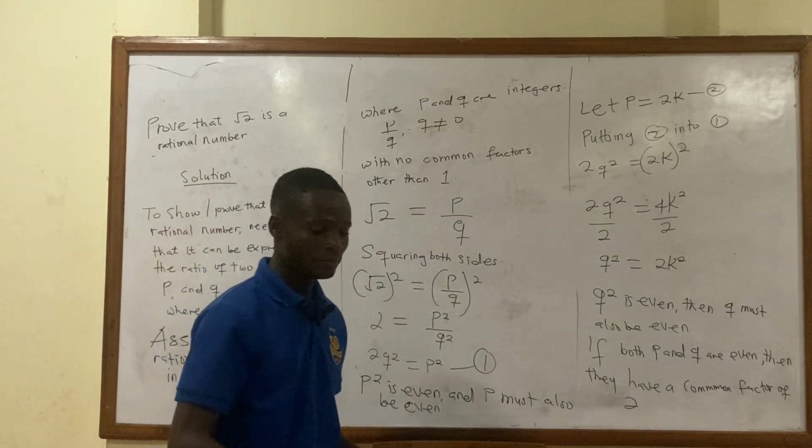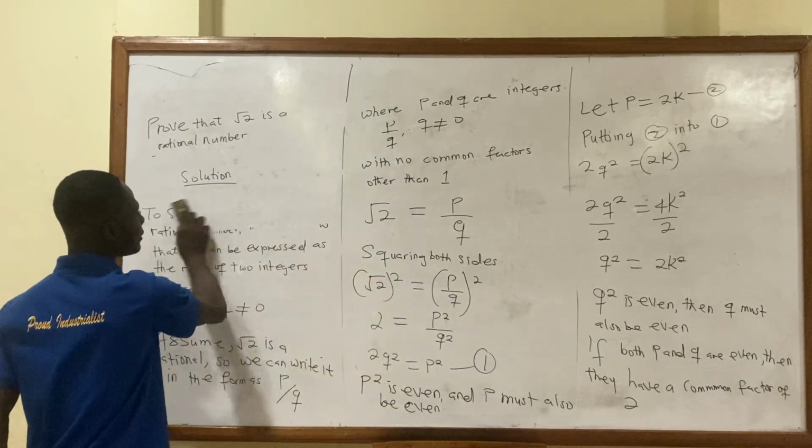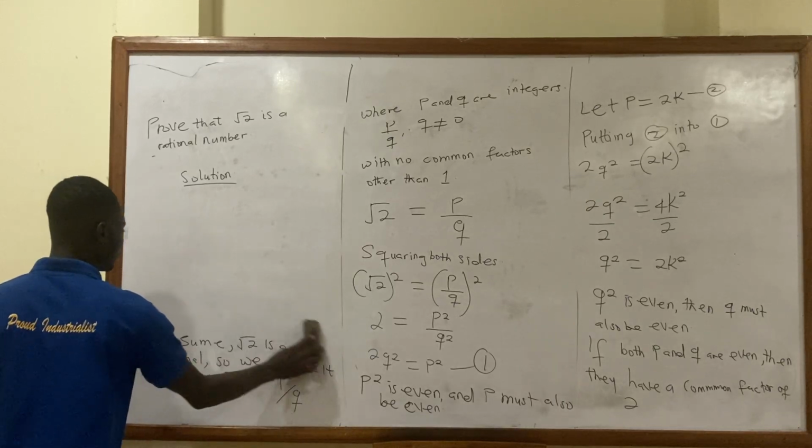If both p and q are even, then we can say that they have a common factor of 2.